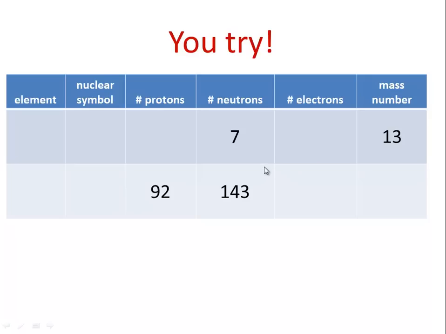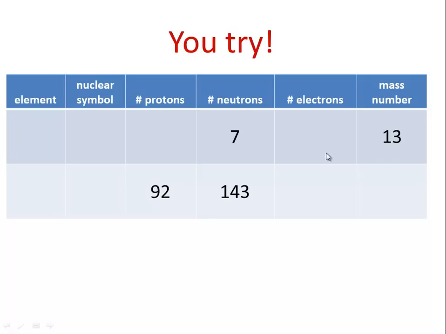Okay, so I'm assuming you've got that done. Each of these 2 rows corresponds to a particular isotope of a particular element. And in each of these 2 rows, I've given you just enough information that will allow you to complete the rest of the row.